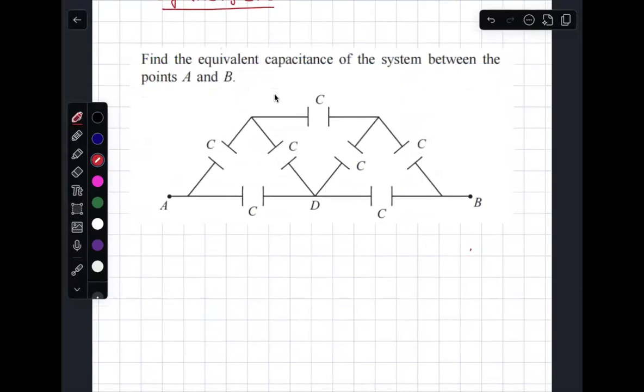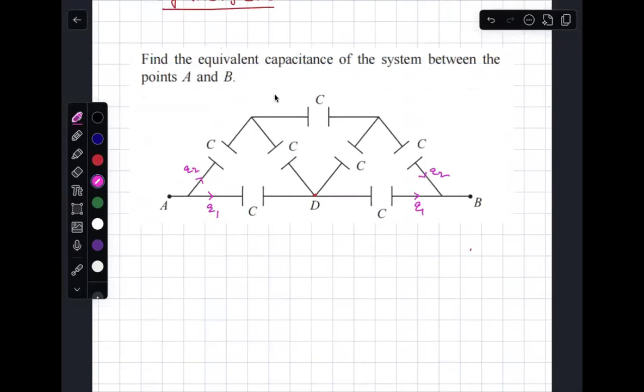In a symmetric circuit, the principle is you will identify that suppose if Q1 charge goes by here, Q2 charge goes by here, you will again get Q1 here, Q2 here. That is the meaning of symmetric.